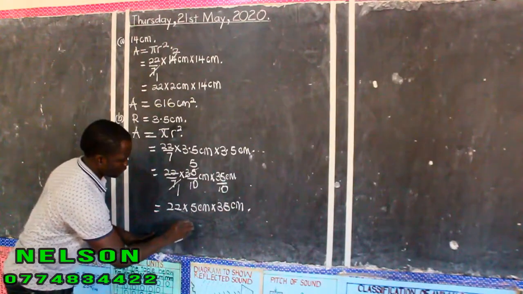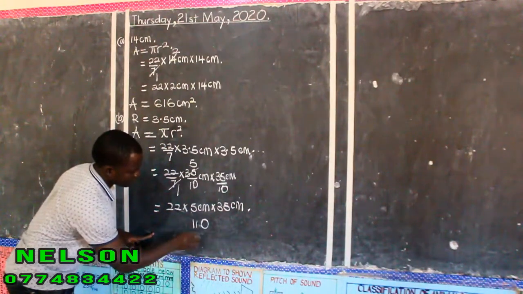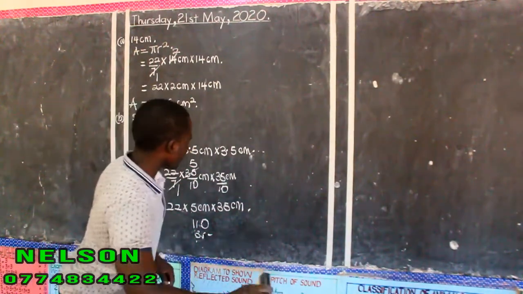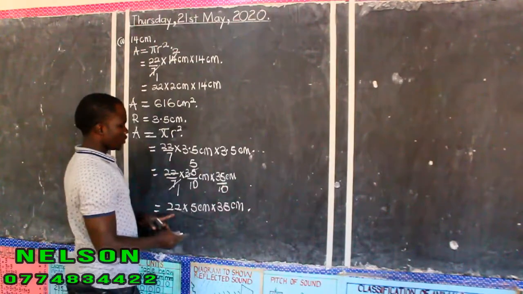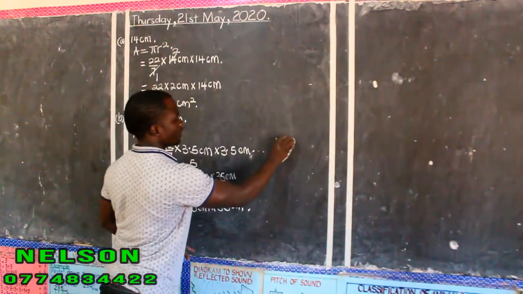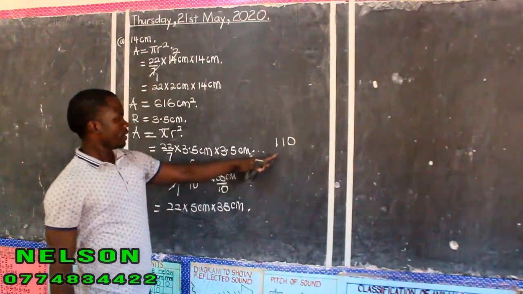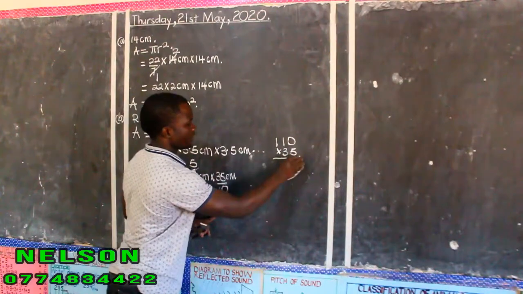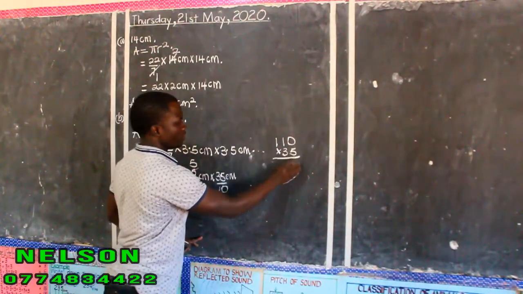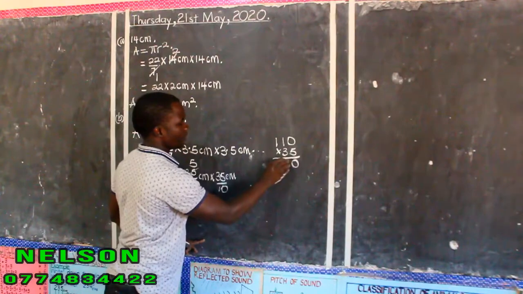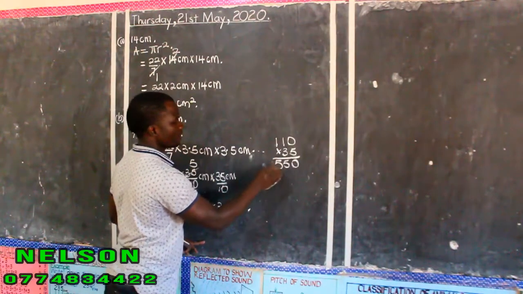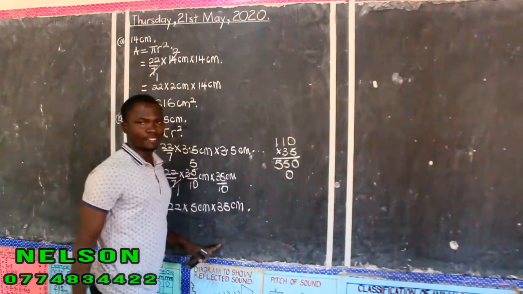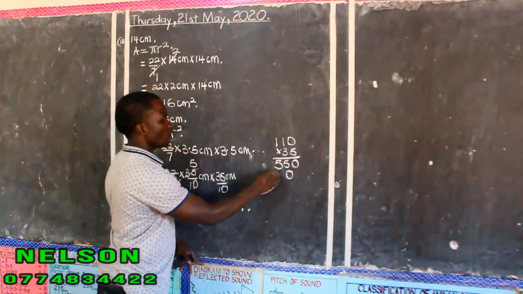22 times 5, we shall have 110 times 35. What do you get? 5 times 0, 0. 5 times 1, 5. 3 times 0 we shall have 0. 3 times 1, 3.